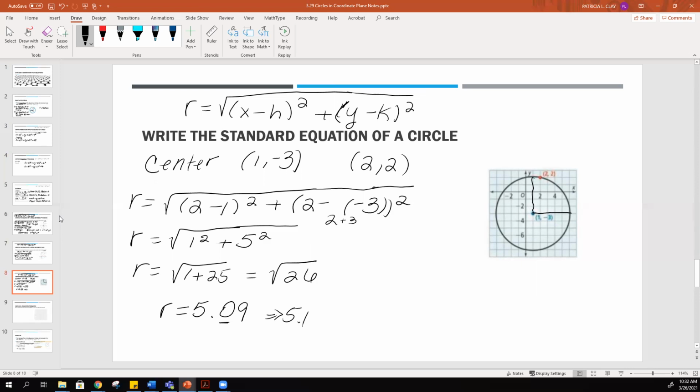So I'm gonna just count. We can go 1, 2, 3, 4, 5. Okay, so by counting, we got 5, which is basically what we got here. If we were to round to the nearest whole number, this would be 5, right?